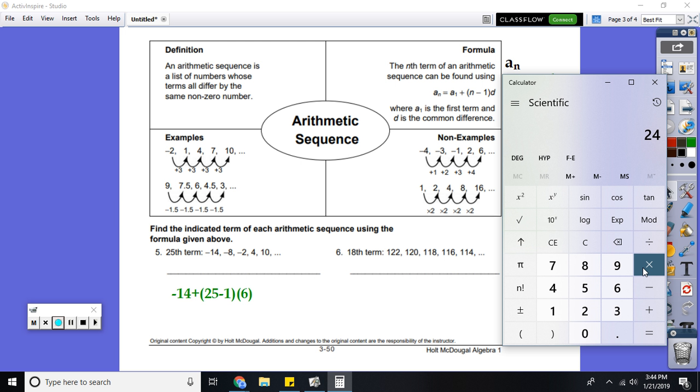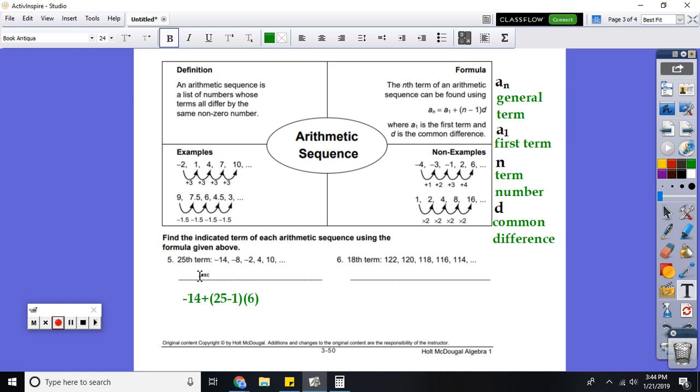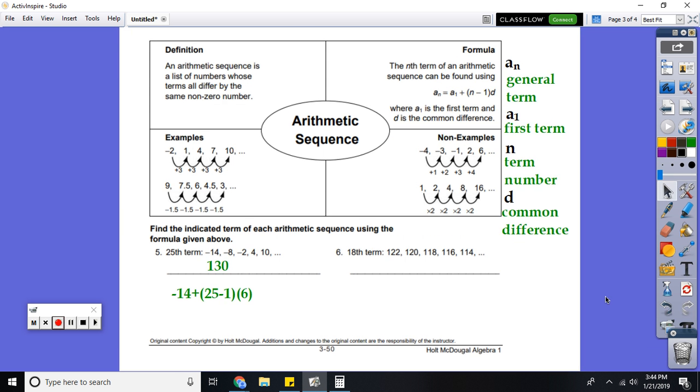That's next in the order of operations, 144. And then add. So add to that negative 14. And I get 130, which would be my 5th term. Or excuse me, 25th term. So that is how I would use the formula to have a shortcut.